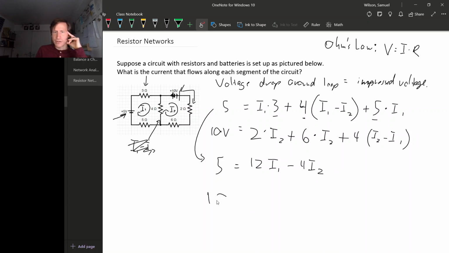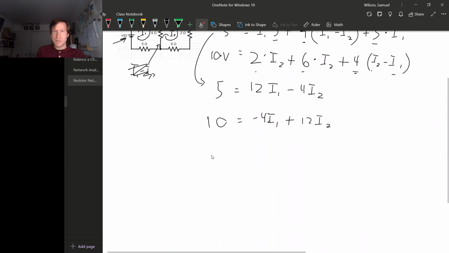And for the second one, there's 10 equals, so for I1, it's just this minus 4 here, plus, so here's plus 4, 6, 12, 12 I2. So when we write the matrix for this, we have to turn this around, because our augmented column goes on the right, so 5 and 10. So our matrix is 12 minus 4, 12.